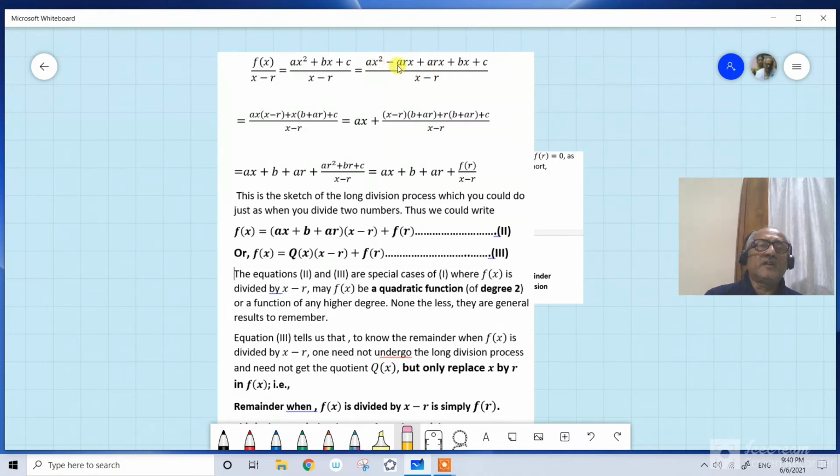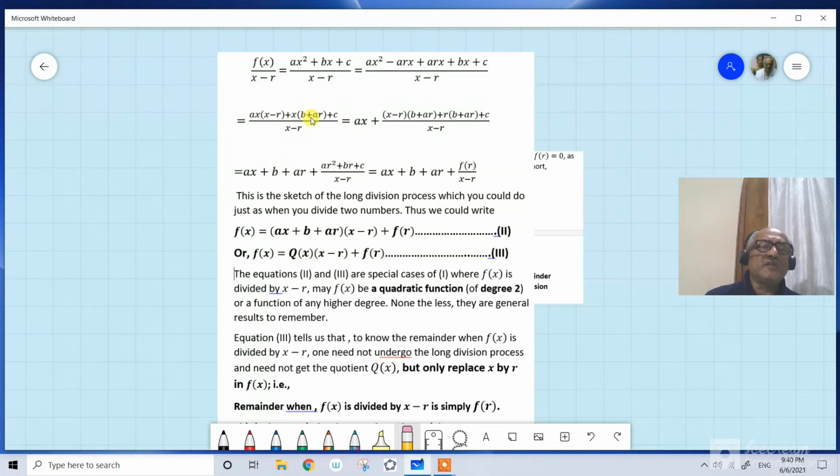Now you take ax common from these two terms. So ax taken common remains x minus r, and you take x common here, so ar plus b remains. Now this first term you divide by x minus r, it only remains ax.